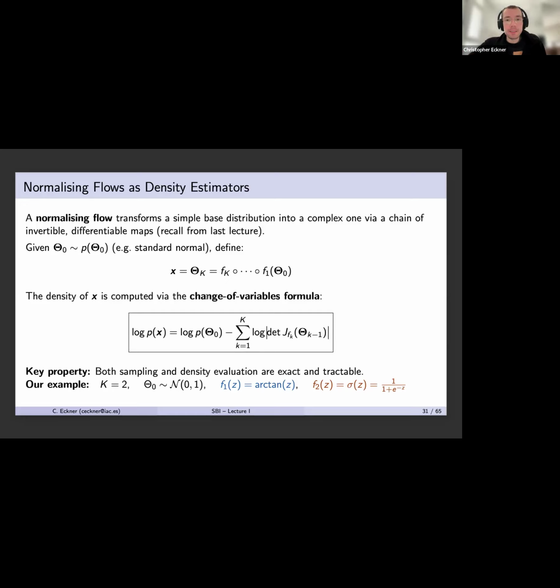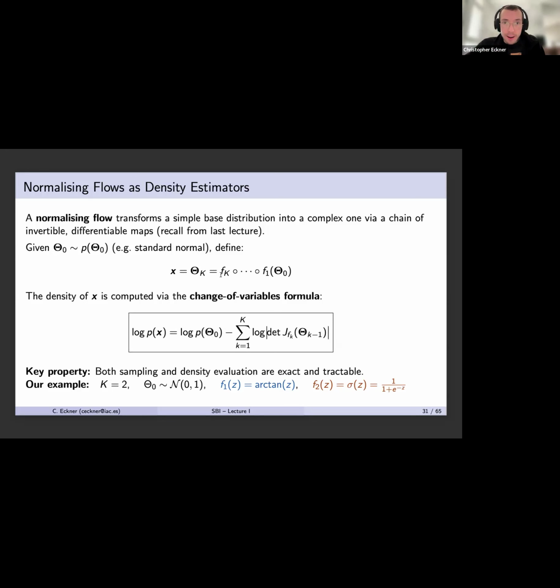So you do this via this change of variables formula. Let's do it here in this log case. If you take the log, then this will basically be the log of your probability density of the initial one minus the sum over the log of the determinant of the Jacobian matrix of these parameters.